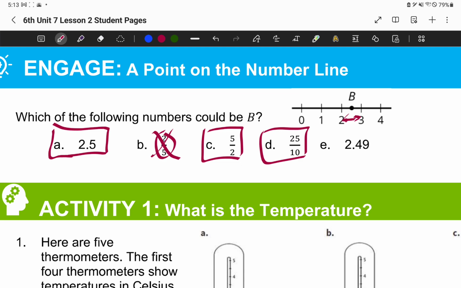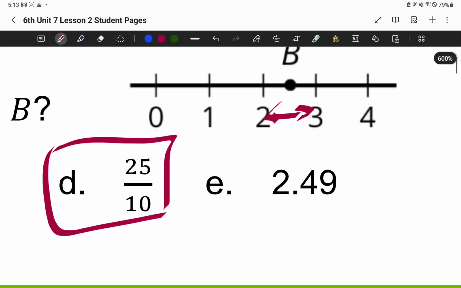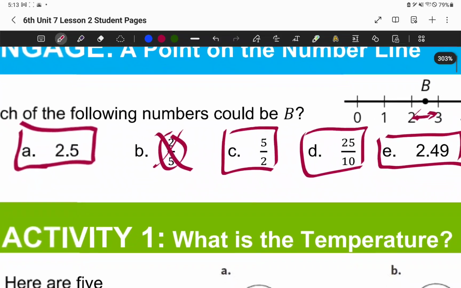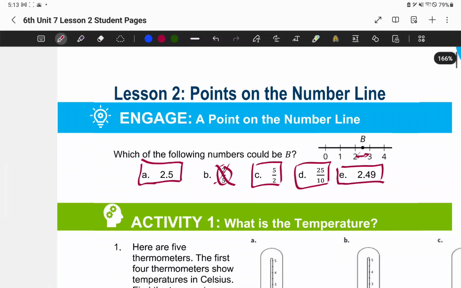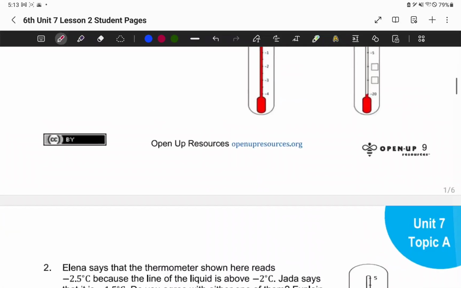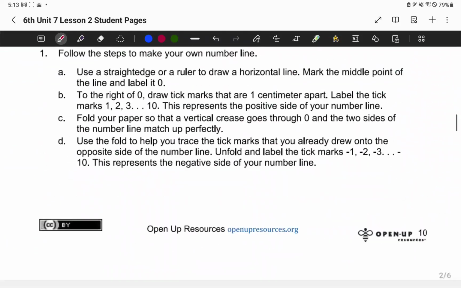Now, 2.49 could very well be true as well, because we don't know if that's 2.5, 2.49, 2.51, etc. We don't have an exact thing. So basically the only one it can't be is B. And so hopefully you were able with your partner to figure that out. Okay. And so that was on page 9.